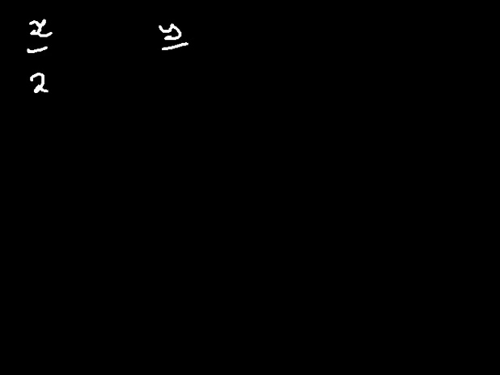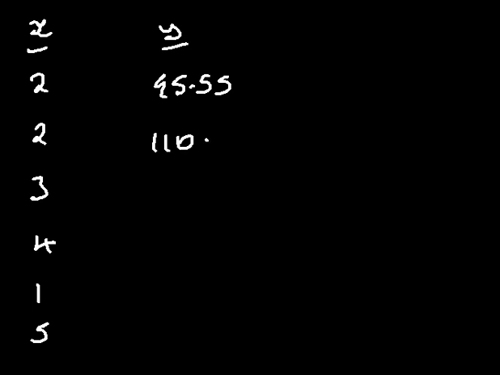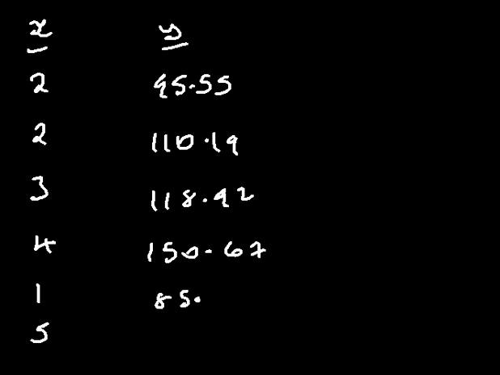In the x we have 2, 2, 3, 4, 1, 5, and y is given as, let's say, 95.55, then 110.19, 118.92, 150.67, 85.97, 67, and 180.99.